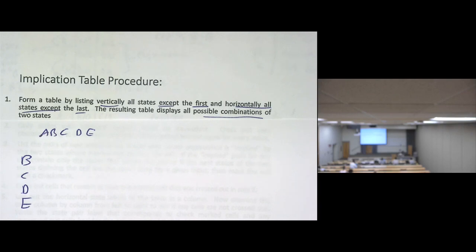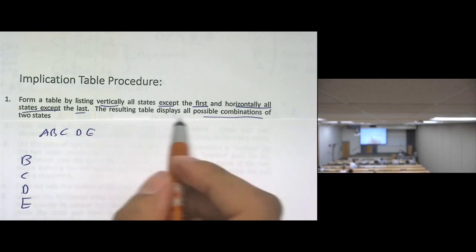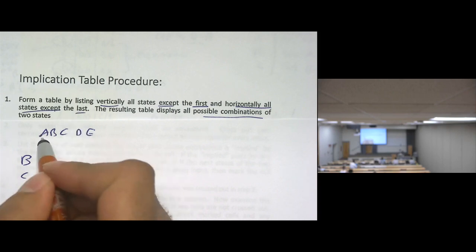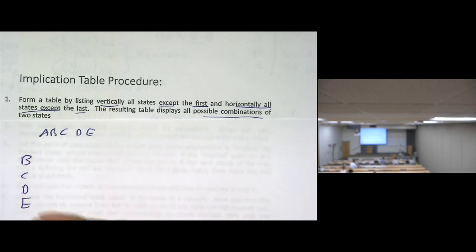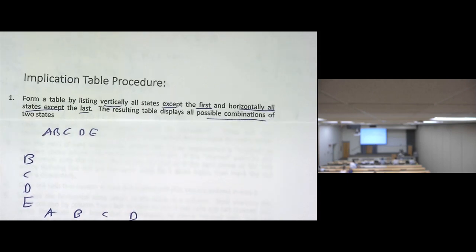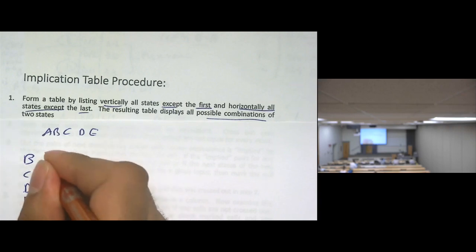This is vertically. Horizontally, make all of the states except the last. Let's make A, B, C, D without E. So let's start here A, here is B, here is C, here is D. Don't write E, because the last one we don't want. Then let's make the possible combinations by creating a table. It's called an implication table. How is this table created?